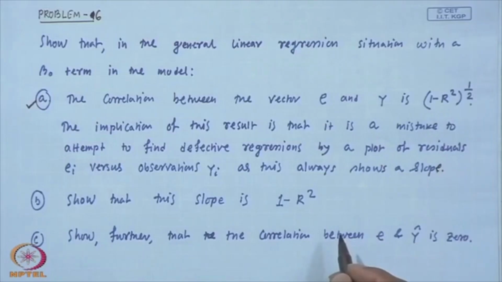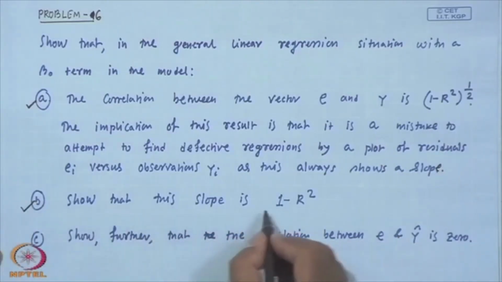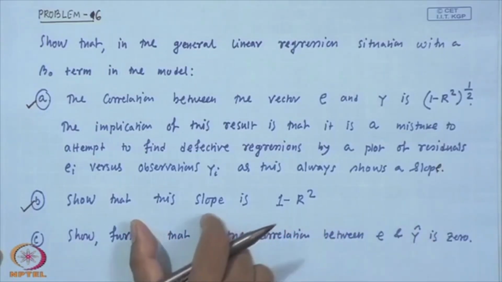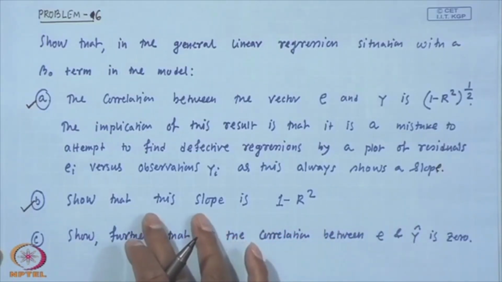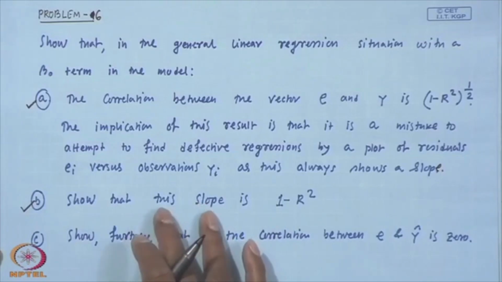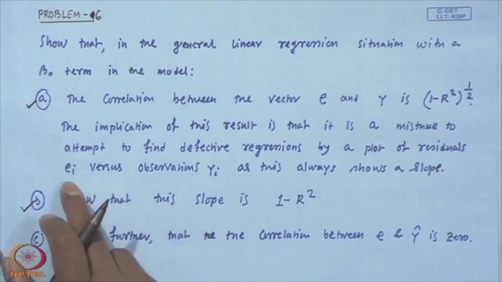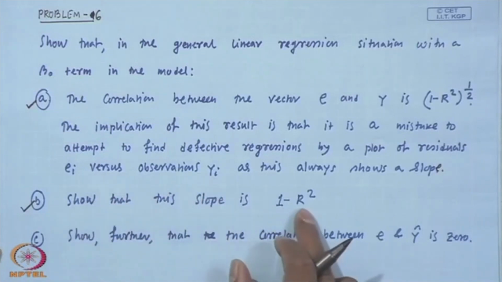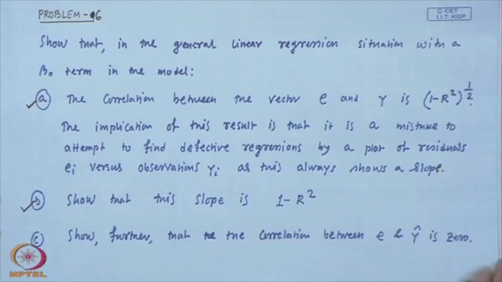Now, the second part says that this slope is 1 minus R square. Okay. What is the meaning of this is that if you fit a linear relationship between E and y, the slope is going to be 1 minus R square in that linear fit. Okay.